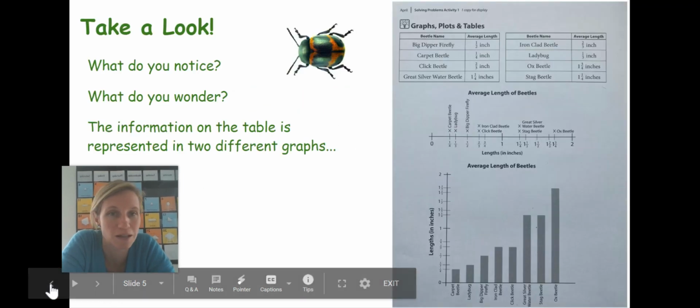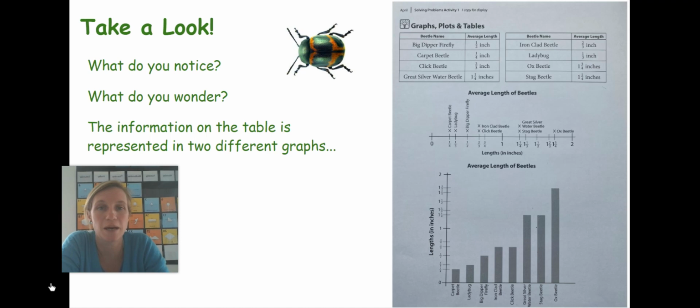And up here, you'll notice that there's an information table. Take a moment to really digest this information on beetles, which are not my favorite type of insect, but oh well.